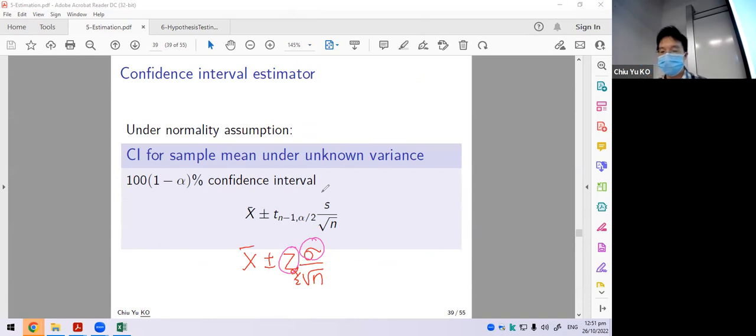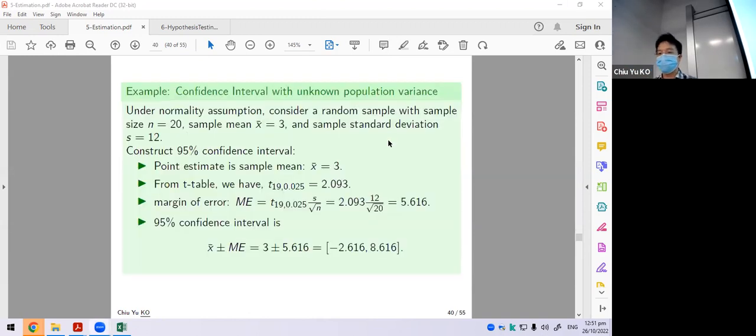So I guess it's good to go through the example, because this is actually what you will be using in your application or analysis. We have a normality assumption here, and a random sample with sample size n equal to 20.